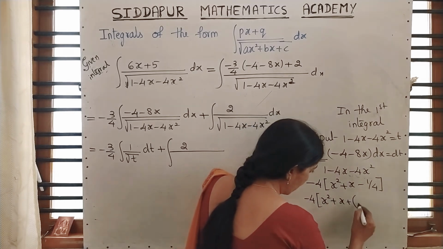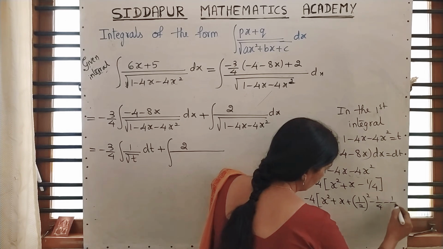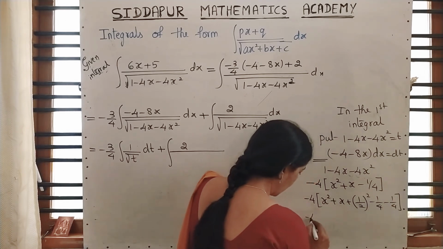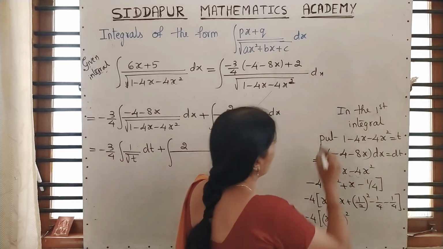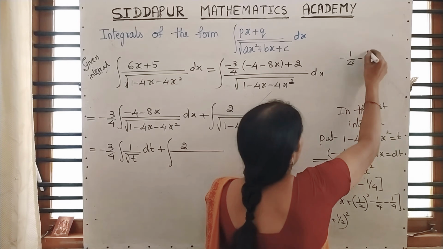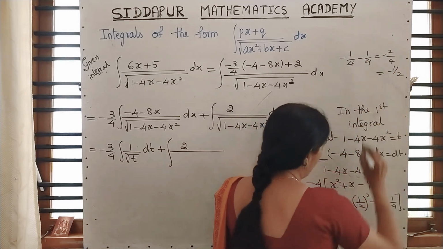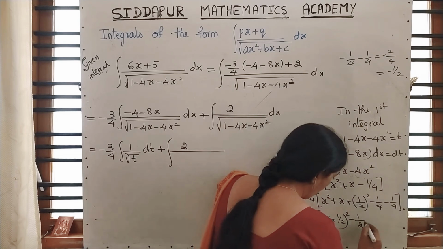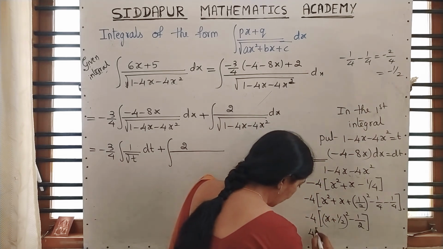We have to take a square of that. Minus 4 into (x plus 1 by 2) whole square, minus 1 by 4. Then 1 minus 1 by 4 is 3 by 4... That is, minus 1 by 2. And for our convenience, I took only minus inside the bracket.